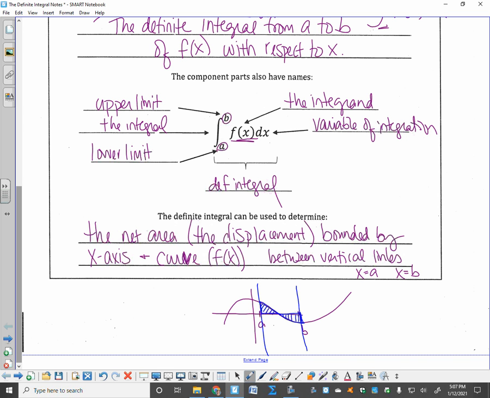Just eyeballing this, that area would be really close to 0 because it looks like I have just as much above the axis as I do below the axis. It looks like it might be a little negative heavy, so I might have a little bit of a negative answer, but it's going to be really close to 0. When it says vertical lines, that's what it's talking about, from here to here. It's like a bookend.